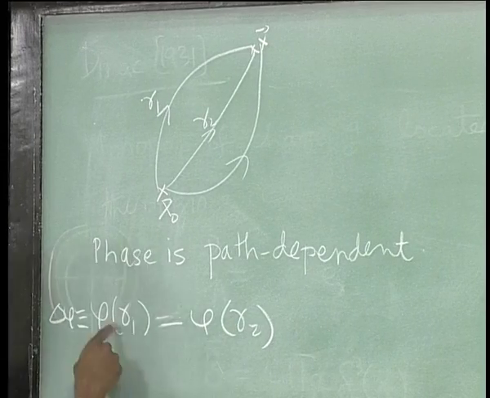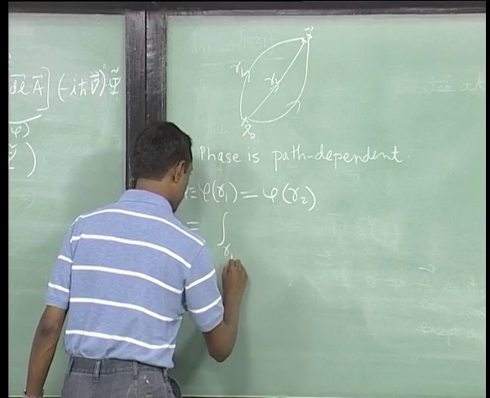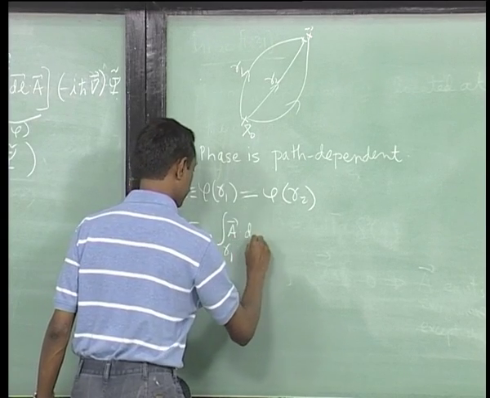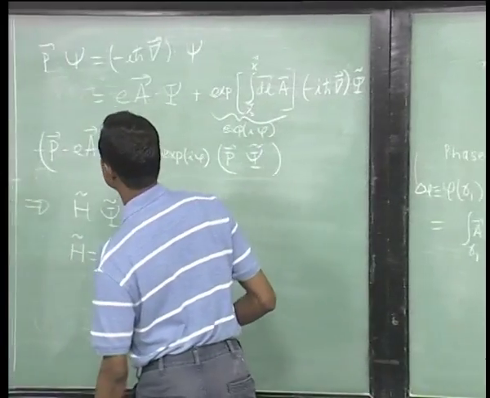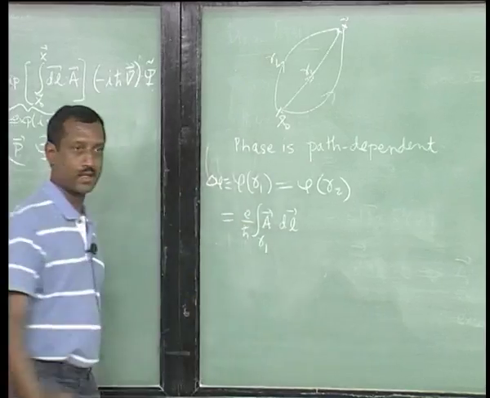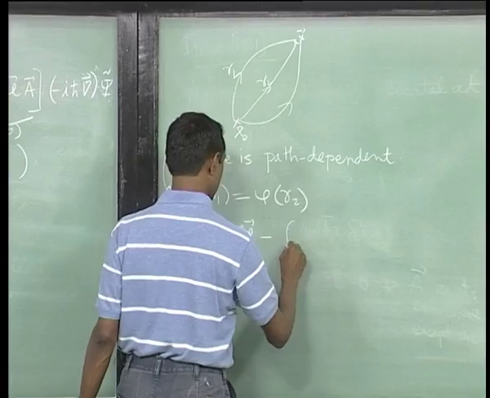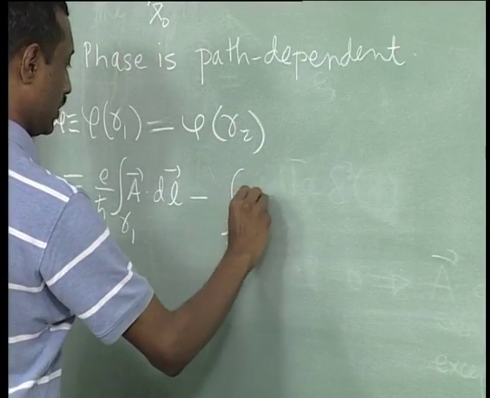But these are both line integrals. So this is an integral over gamma 1 of A dot dl with some factors. What are the factors? i e by h bar, minus integral over gamma 2 of A dot dl.